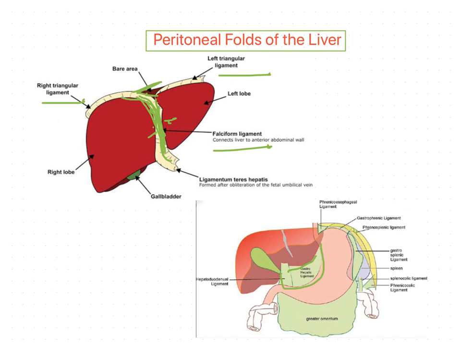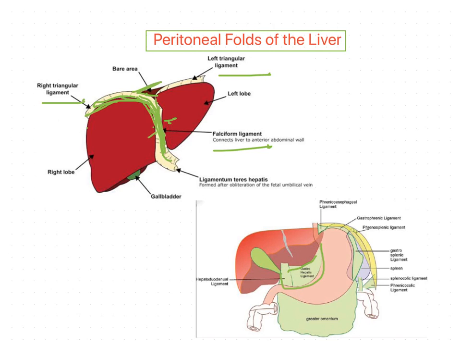It stretches between the posterior-superior aspect of the right lobe of the liver and the diaphragm. The lower layer of the coronary ligament stretches between the posterior-inferior aspect of the right lobe of the liver and the diaphragm. So both these coronary ligaments are on the right side only.